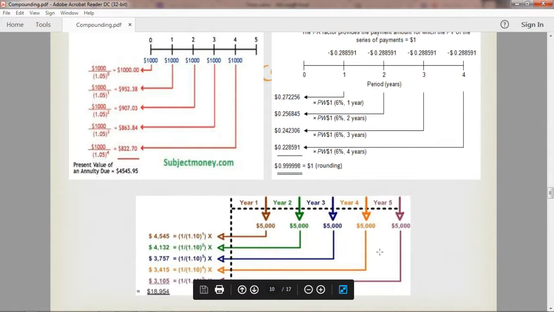You see, the discounting happens 5 times for this one, 4 times for that one. Here the first payment is discounted once, but there, the first payment is not discounted. The second one gets discounted once. The last one gets discounted only 4 times, not 5 times. So there is one less discounting for annuity due.